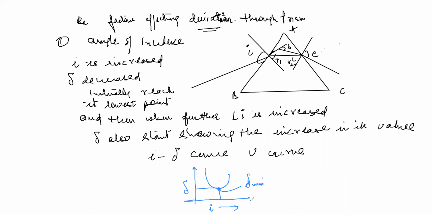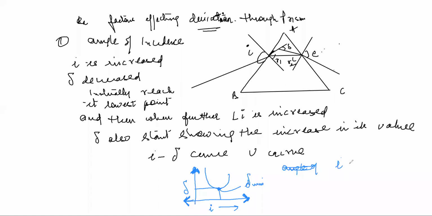When the angle of deviation is minimum, the angle of incidence becomes equal to the angle of emergence. The refracted ray is parallel to the base of the prism. Understand?